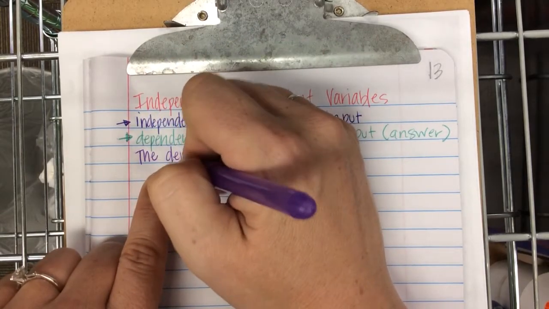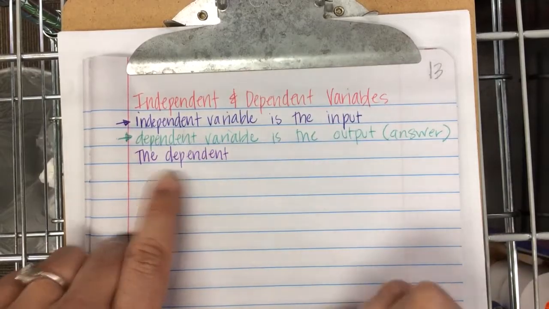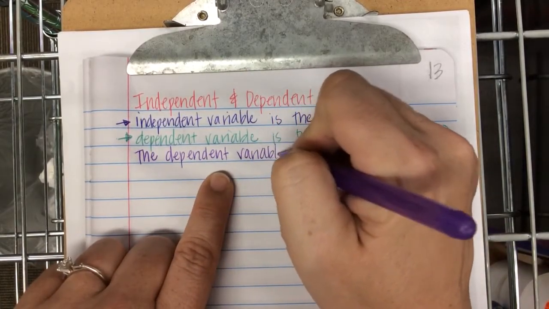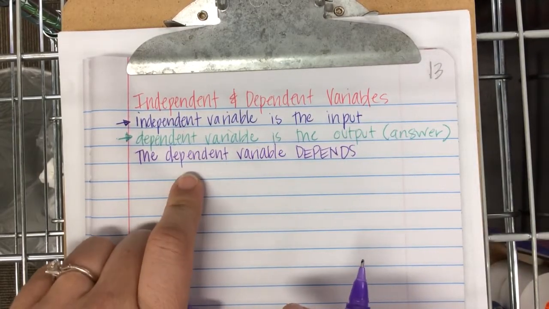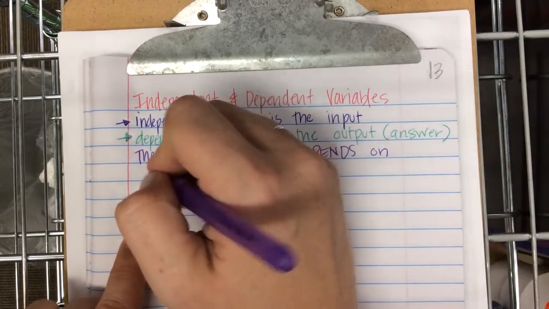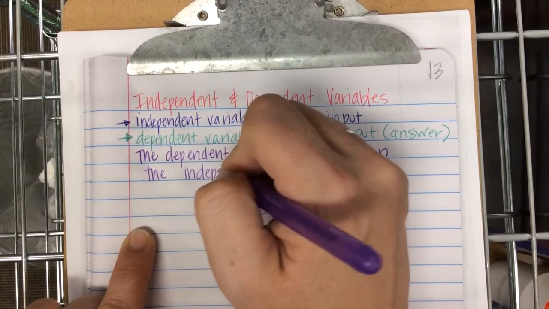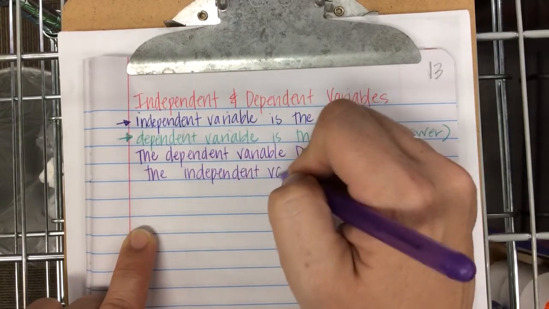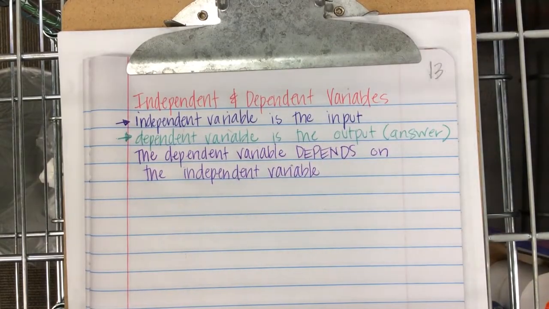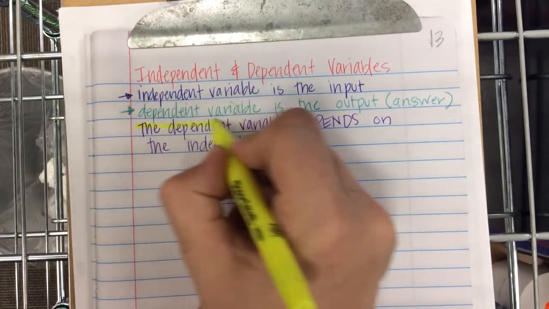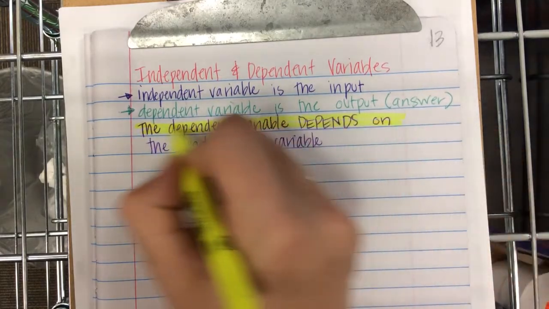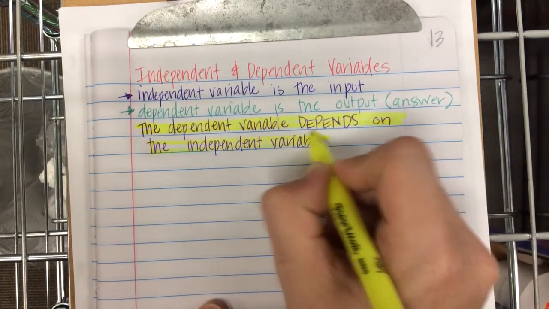The dependent variable depends, that's why it's called dependent, it depends on the independent variable.